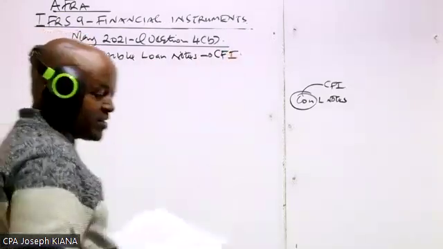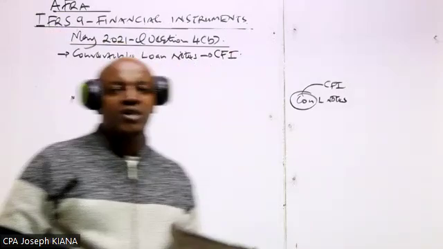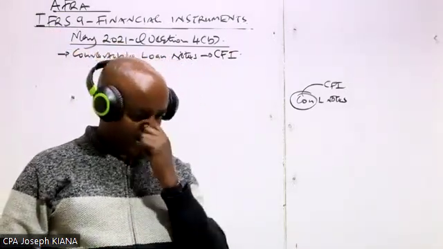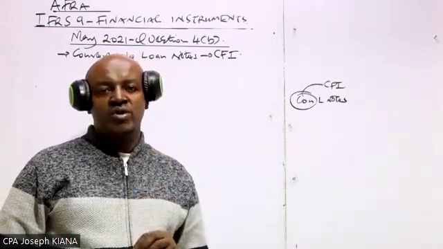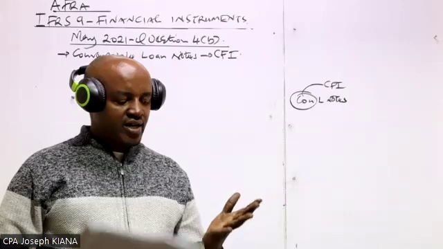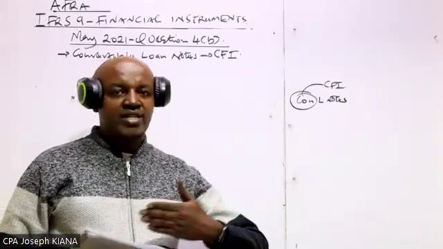According to International Accounting Standard number 32, anytime a company issues a compound financial instrument, the company must treat the two components, the equity component and the liability component. And the liability component has to be amortized.